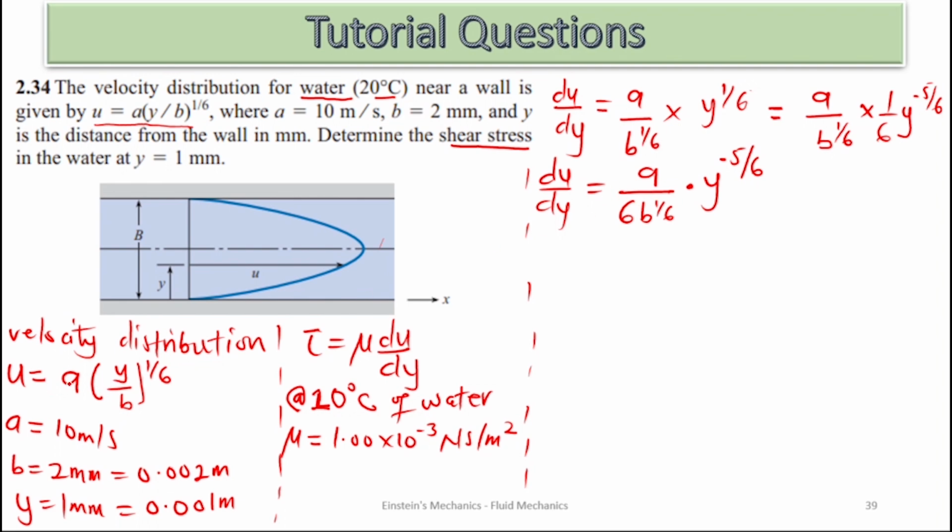So this is the differential of the u. And I want to get the value. I already have the value of the viscosity. Can I get the value of this by putting in a, putting in b, and putting in y? Yes, I can get it. So my du dy is very simple.